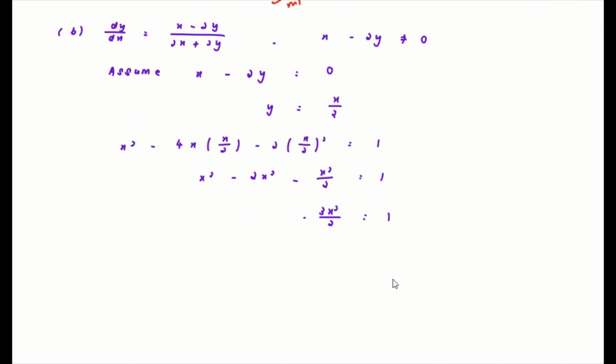But we know that x squared should be a number that's greater than 0, am I right? So when you try to multiply negative 3 over 2 with x squared, you should be able to get a number that is lesser than 0. So this number can never be 1, am I right? So negative 3 over 2 x squared can never be 1 in this case. So dy dx is not equals to 0, so no stationary point.